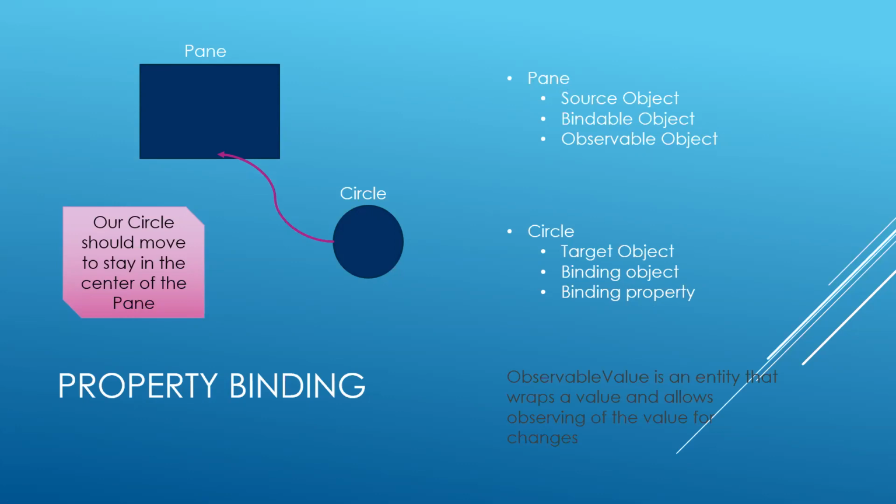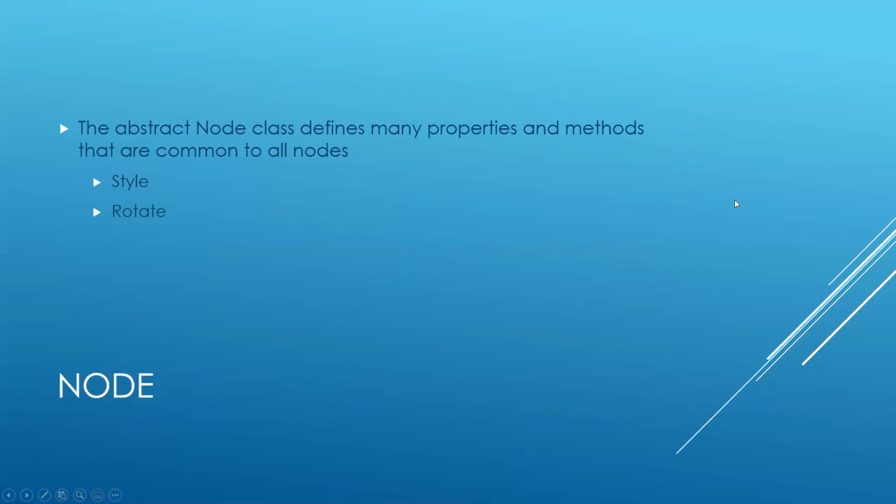We could also refer to it as our bindable object or our observable object. Our circle then would be our target, our binding object, or our binding property, depending on how we're setting things up. So through the use of property binding, we can make that happen kind of automatically, and we'll see that in our code as we go.